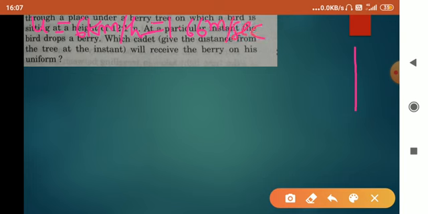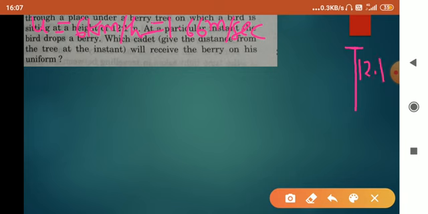Clear? The parade is going through a place under a berry tree on which a bird is sitting. On this tree, the bird is sitting at a height of 12.1 meter. So this is the height of 12.1 meter.